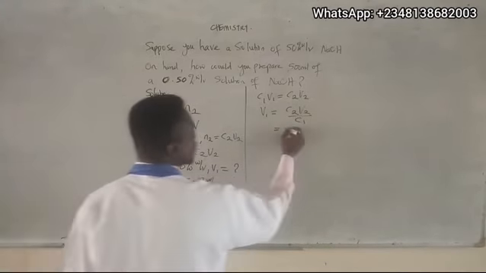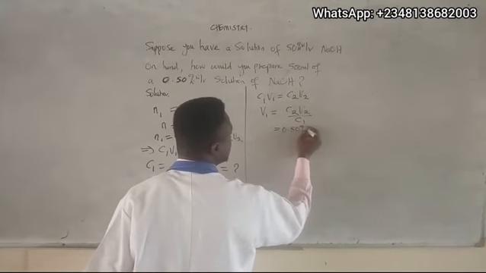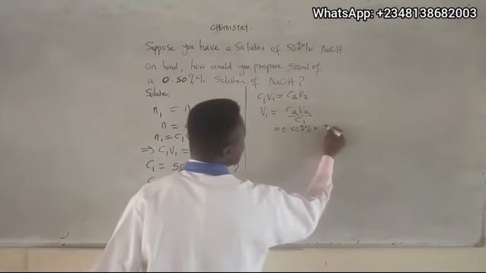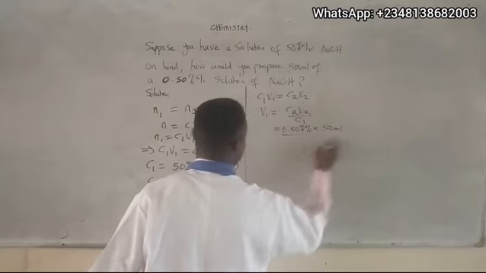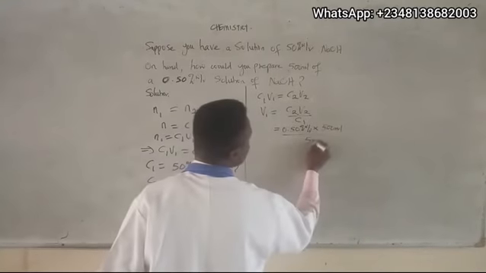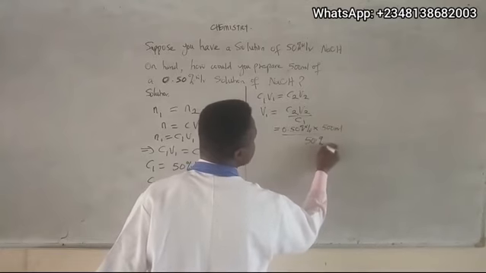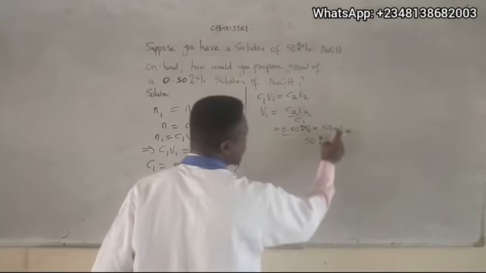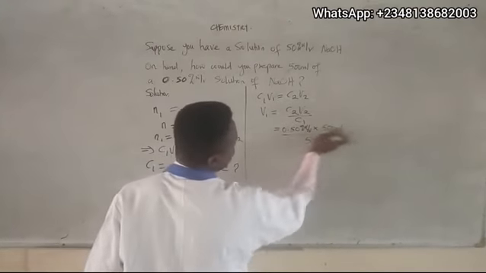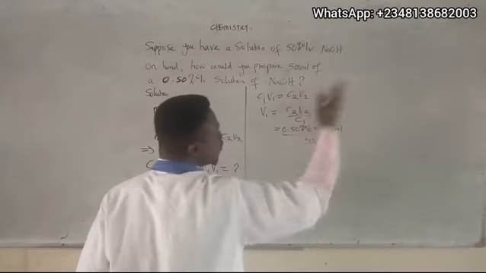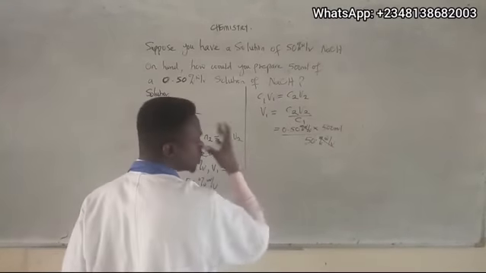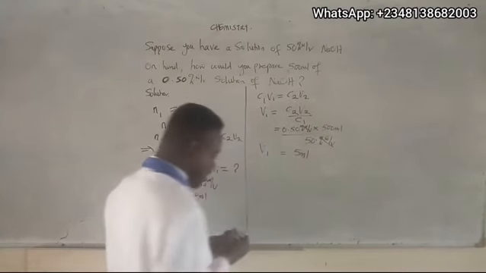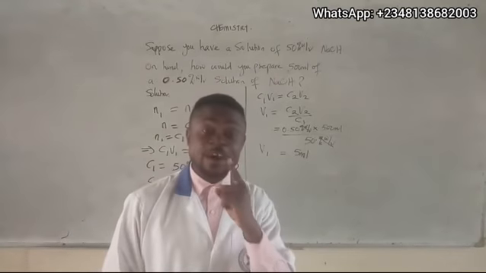Our C2 is 0.50% weight per volume times our V2, which is 500 ml, all over our C1, which is 50% weight per volume. We cancel weight per volume, remaining ml. 0.5 times 500 will give us 250 ml. 250 ml divided by 50 will give us 5 ml. So the V1 is 5 ml.